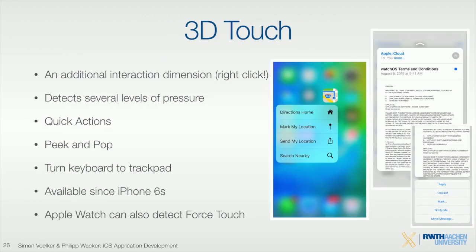Also, 3D Touch was introduced in iOS. When was it introduced? With the iPhone 6s? So some time ago, let's say it like this. And still, if you have an iOS device and check where you can use it, it's a function that is a shortcut for something that you can also do with normal touch interaction.